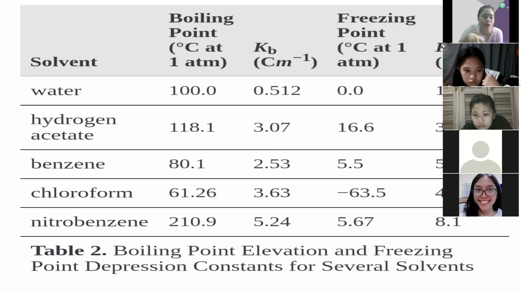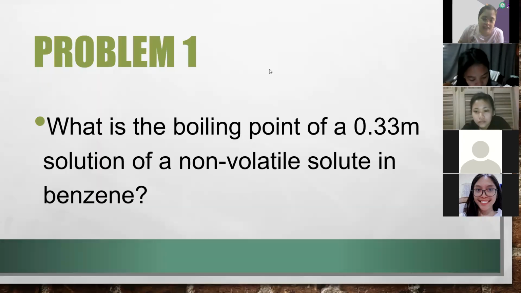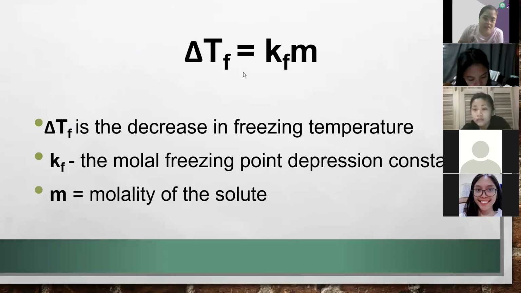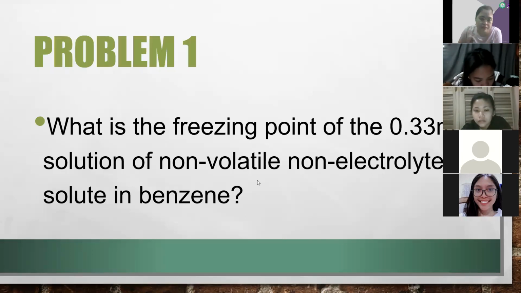Use Kb if you are computing for the boiling point and use Kf for the freezing point. We have here the freezing point of water, that's 0 degrees Celsius, and Kf is 1.86. We will use this table for the computation of the new freezing point.